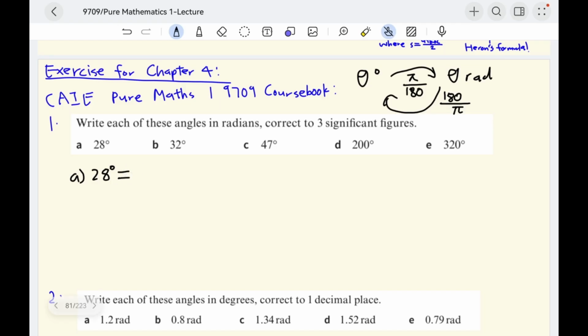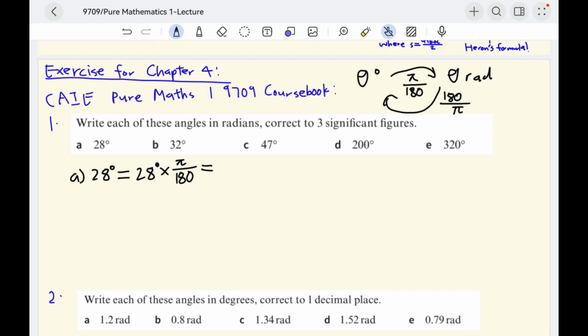So what you are going to do is just multiply by pi over 180 to get the answer. Okay, remember to leave each of these angles in 3 significant figures.